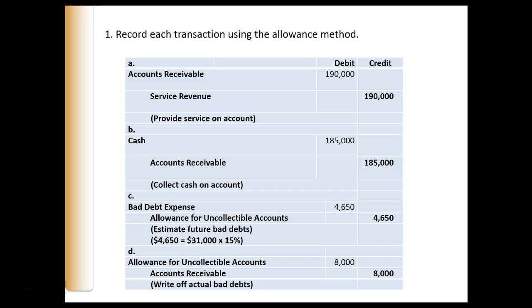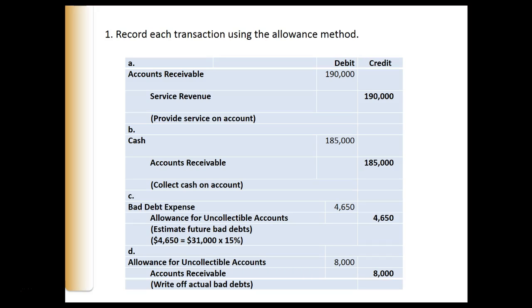Next, record the allowance for bad debt. We estimate 15% of what's left is going to be uncollectible. The $31,000 is the accounts receivable, and at 15%, we estimate the bad debt expense at $4,650.